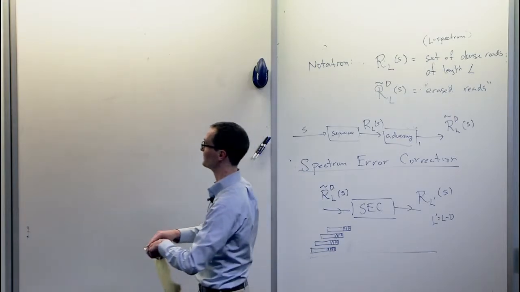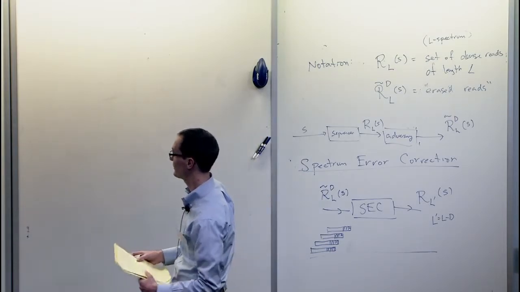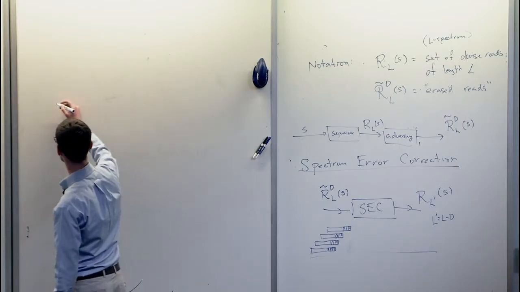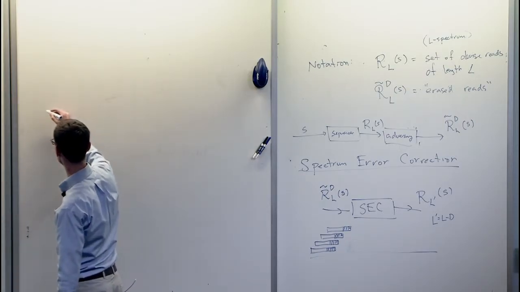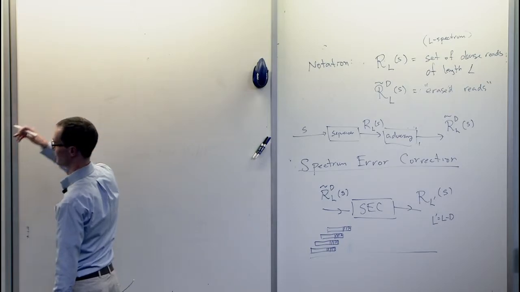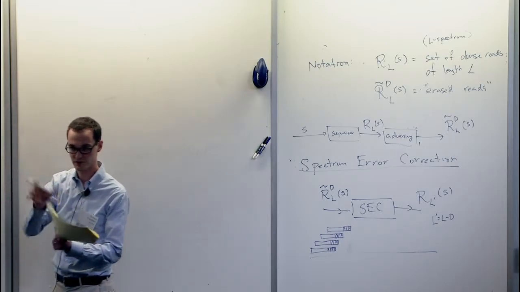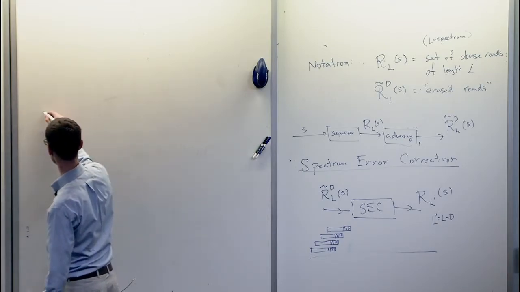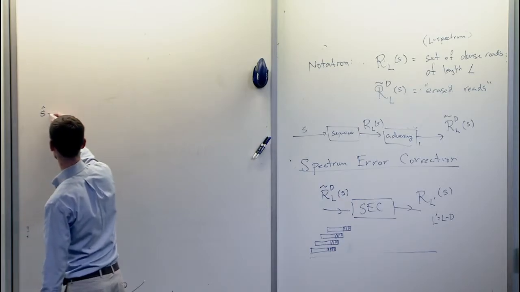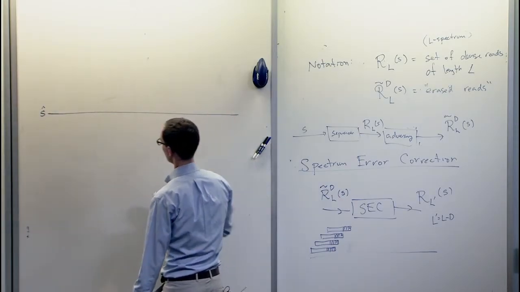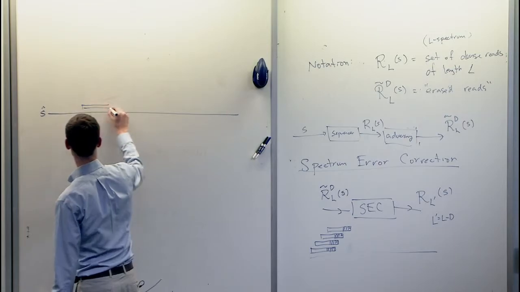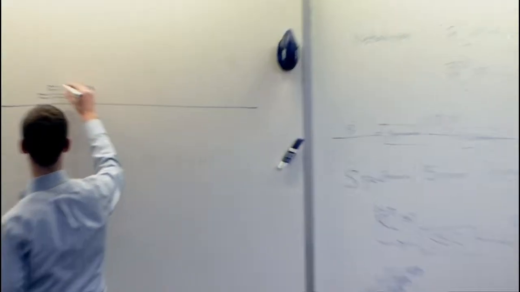Okay, so basically, how does this work? What I want to show is, let's say I take these erased reads and I assemble them into some sequence S hat. I built this by putting all these erased reads on here.